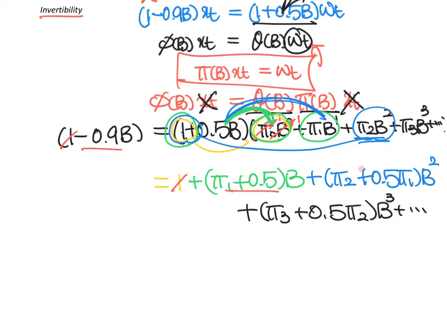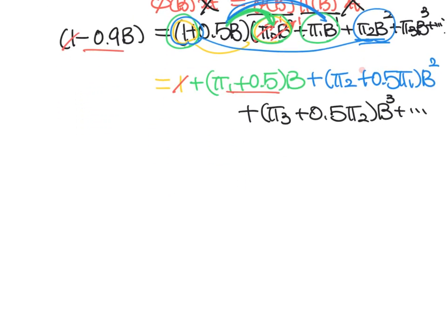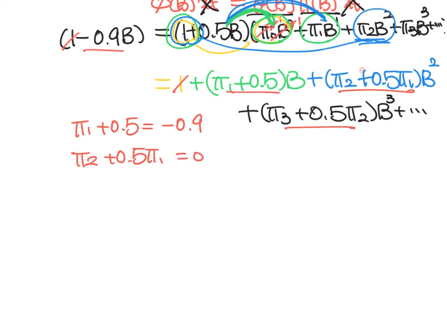And between this one and that one, I can say pi 1 plus 0.5 is negative 0.9. And the others must be 0. So pi 2 plus 0.5 pi 1 is equal to 0. Pi 3 plus 0.5 pi 2 is equal to 0 too. And let's keep going. Pi 1 must be negative 1.4.